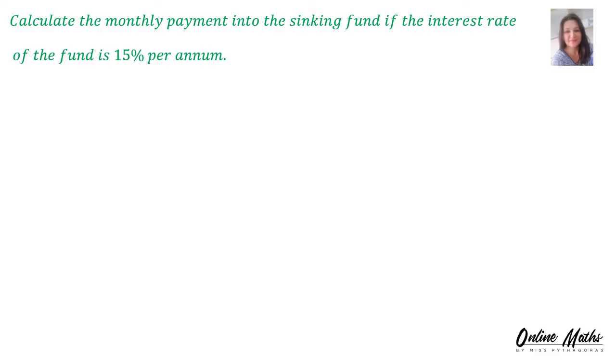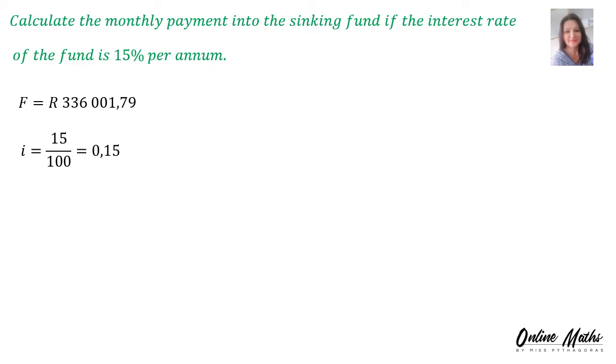The last question in sinking funds will be calculate the monthly payment into the sinking fund if the interest rate of the fund is 15% per annum. We'll make the summary. The F, the future value, is 336,000 calculated in the previous sum.